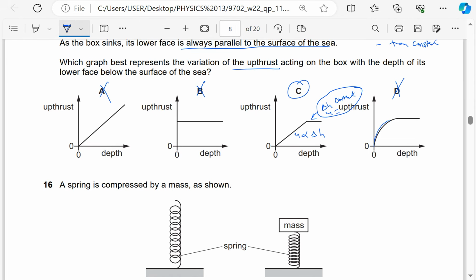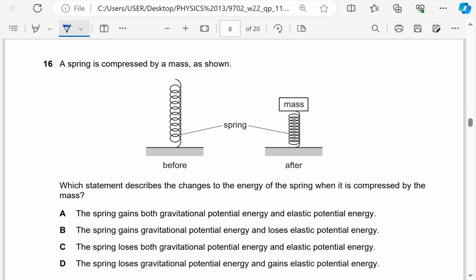A spring is compressed by a mass as shown. Which statement describes the changes to the energy of the spring when it is compressed by the mass? Of course, when it is compressed, it goes downwards. The elastic potential energy increases because the compression increases.